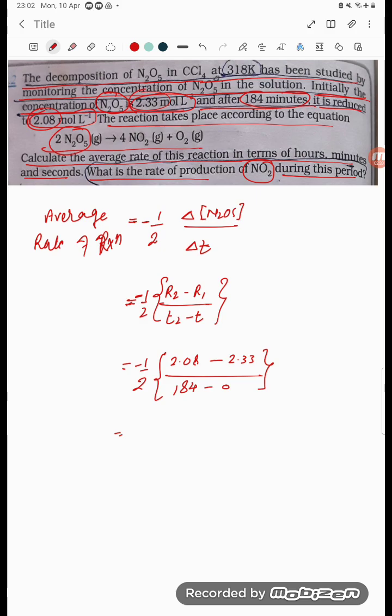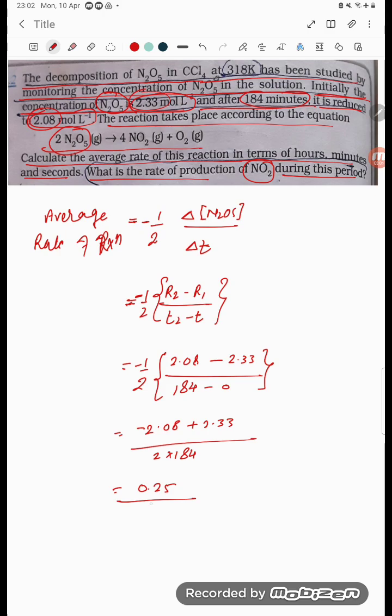So here we are firstly multiplying this with the negative sign, so it is minus 2.08, and minus minus plus, it is 2.33, divided by 2 into 184. Now solve this one and find out the values. So it is coming 2.33 minus 2.08, it is coming 0.25, divided by 2 into 184.